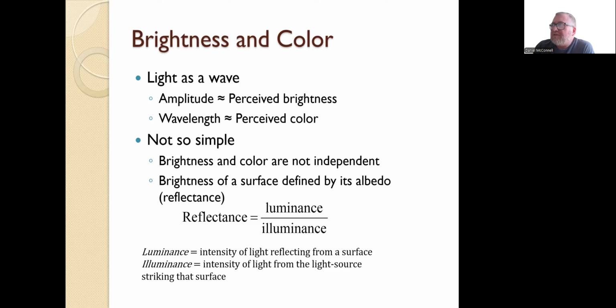But we might think, and it's somewhat of a temptation to think, that perceiving the color of an object is strictly a function of the wavelengths of light entering our eyes as reflected from that object, and that perceiving the brightness of that object is strictly a function of maybe the amplitude of the light wave, or probably more directly the number of photons and what we call photonic flux, right?